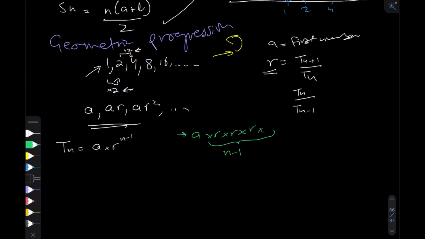So you are multiplying by r, n minus 1 times, and repetitive multiplication can just be represented as a power. So it's a times r to the power n minus 1. This is your term formula.